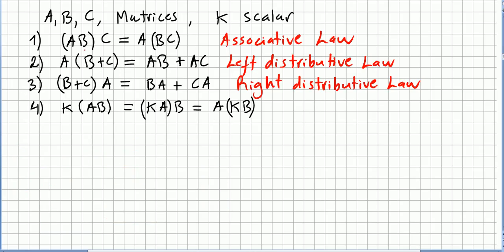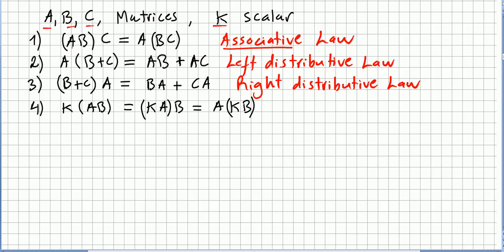Now let us suppose that we have three matrices A, B and C in the same ring, of course, same dimension, and a k, a scalar. Matrix multiplication is associative.